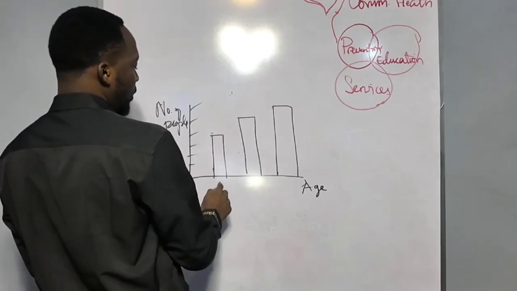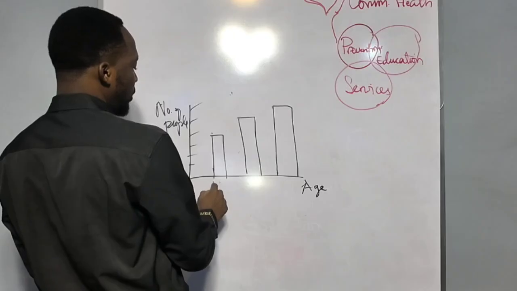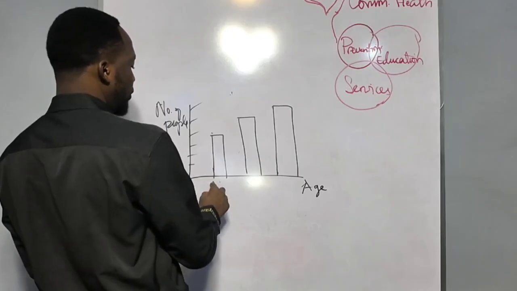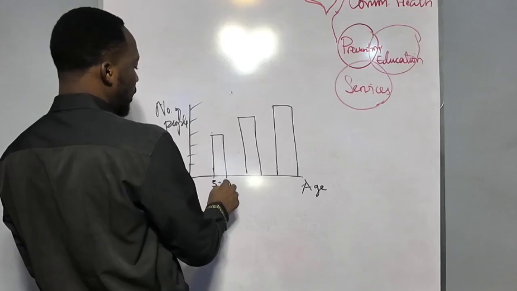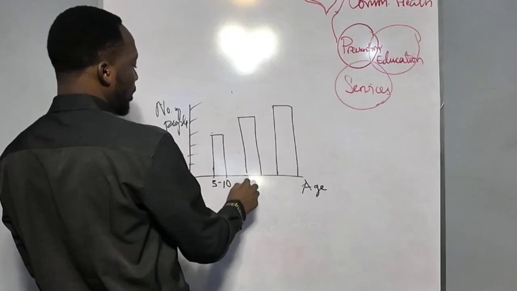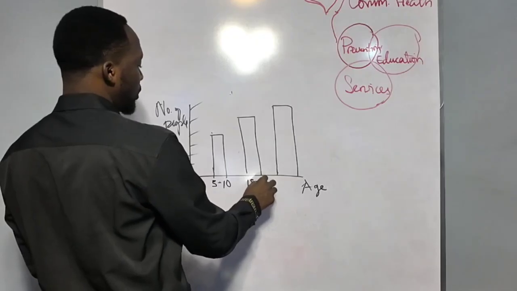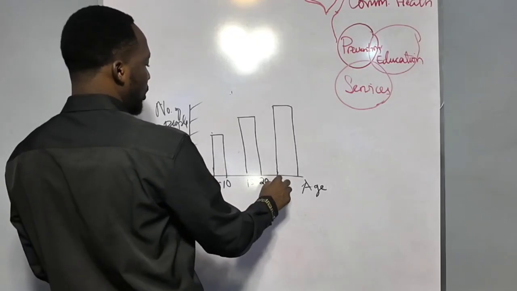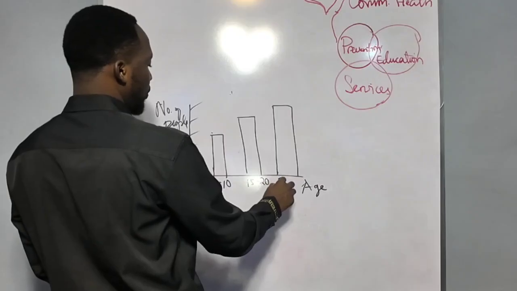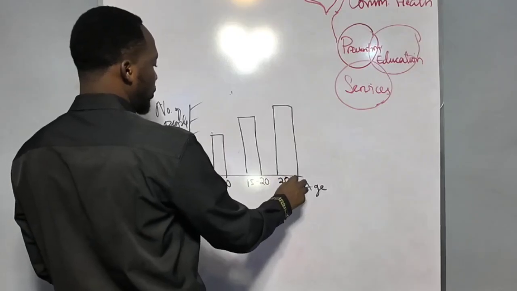Now we have, say, age. It's a range anyway. This is just a bar chart anyway, so we'll just have this as, say, 5 to 10. And then here is 15 to 20. And here is 25 to 30.